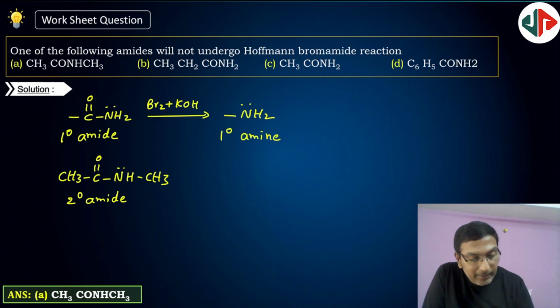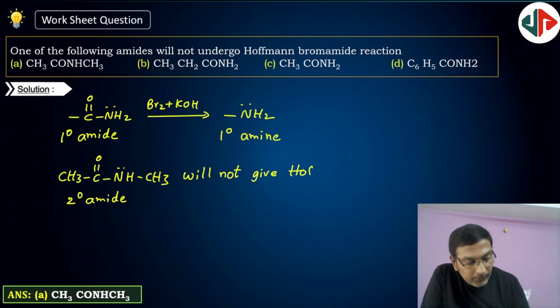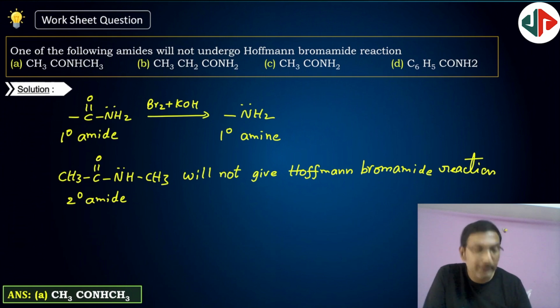Check the remaining: CONH2 primary amide, CONH2 primary amide, CONH2 primary amide. But here NHCH3 means secondary amide. That will not give Hoffman bromamide reaction.